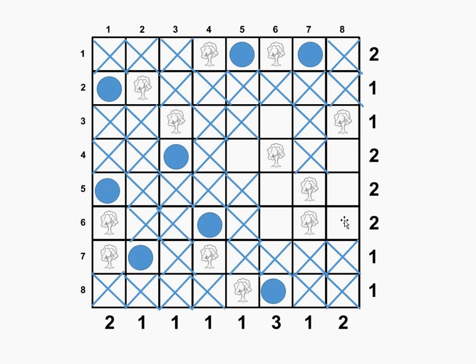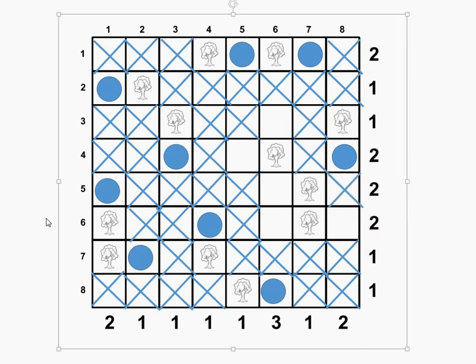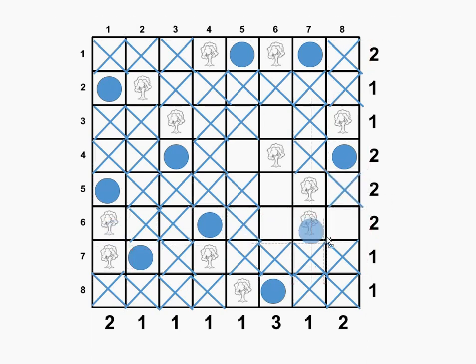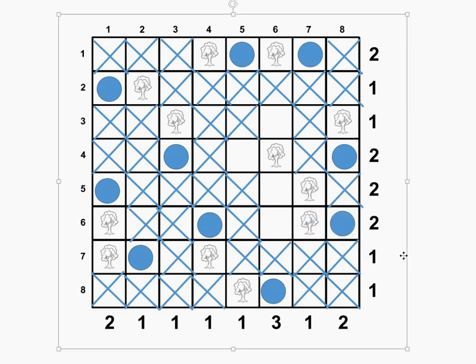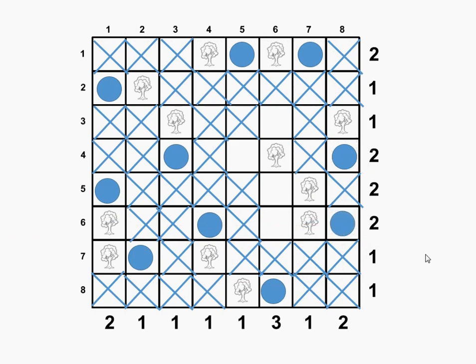Another argument for this is that these 3 have to have a tent, and there is one and only position for this tent, and here is a tent. Now, next to this tent is of course an empty cell, and finally here there is a need for the last remaining tent in column number 8 or row number 6, and here has to be the empty cell.